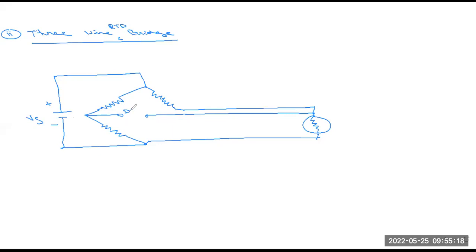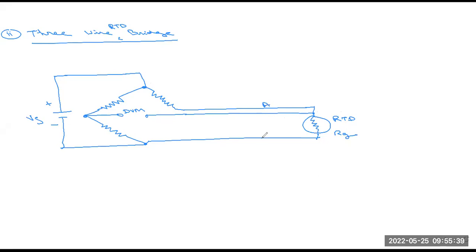This is the diagram of the three-way RTD bridge circuit. These three wires are connected to the RTD type of material. This is the Rg.